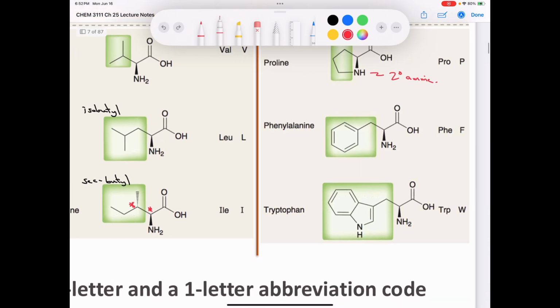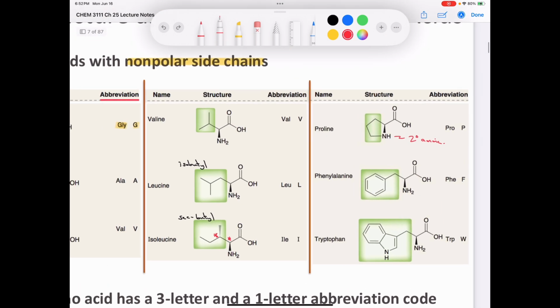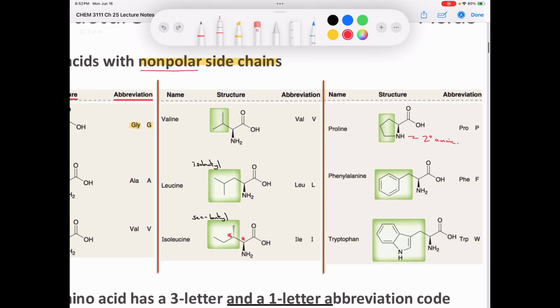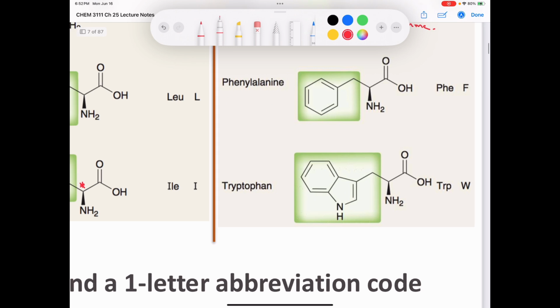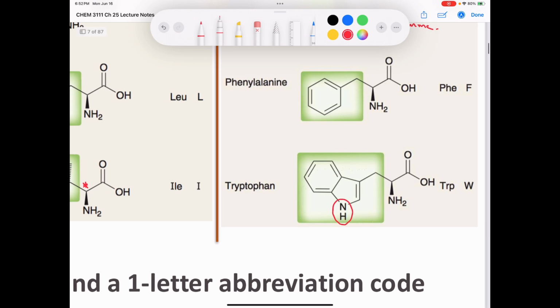And then tryptophan. Sometimes students will say, why is tryptophan in the nonpolar section? Because you've got a nitrogen-hydrogen bond here. Isn't that a polar bond? The answer is yes, that bond is polar, but it's nullified by the fact that you have this big nonpolar portion from the aromatic rings that are tethered together.